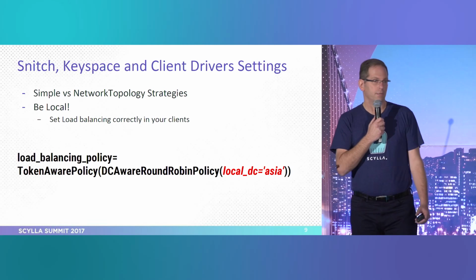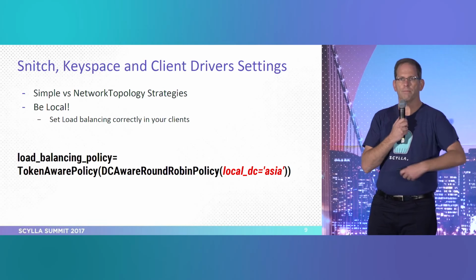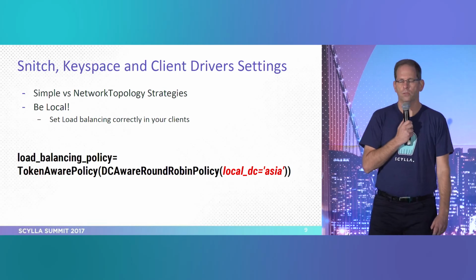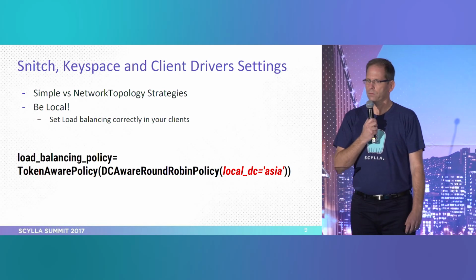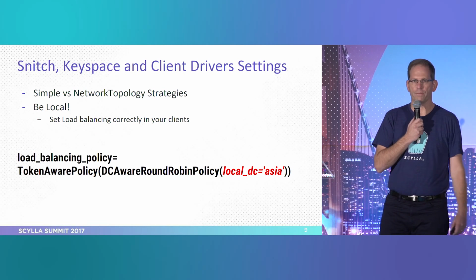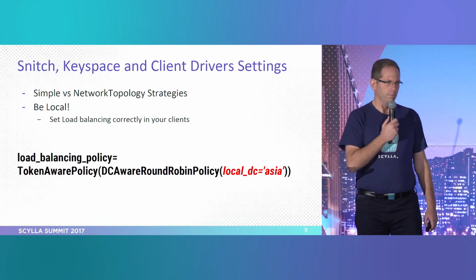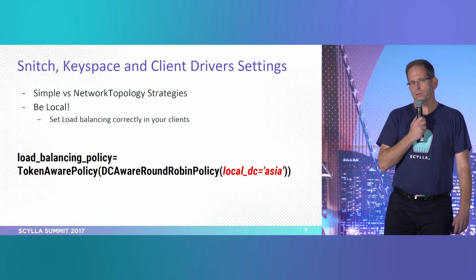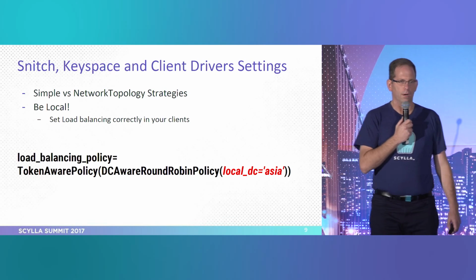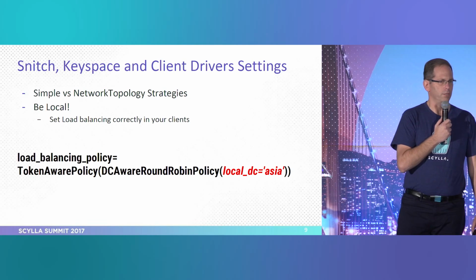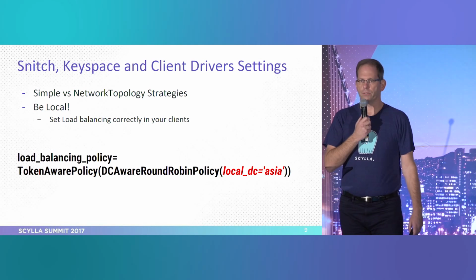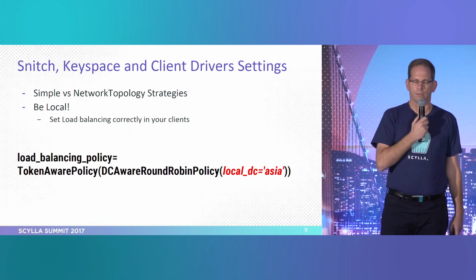Another thing we find is that you put your clients out and let them run freely, and do not set the driver correctly. Once you set your drivers correctly, you save a lot of money, because those round-robin balancing policies will try to find the nearest client.